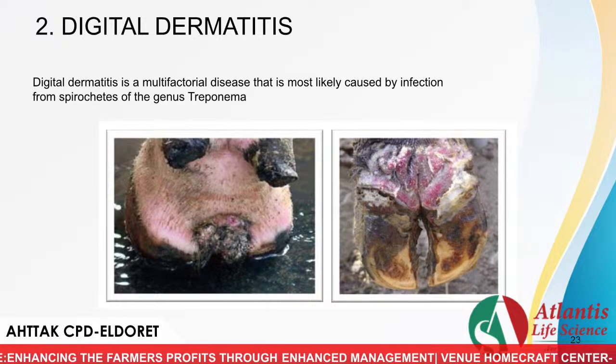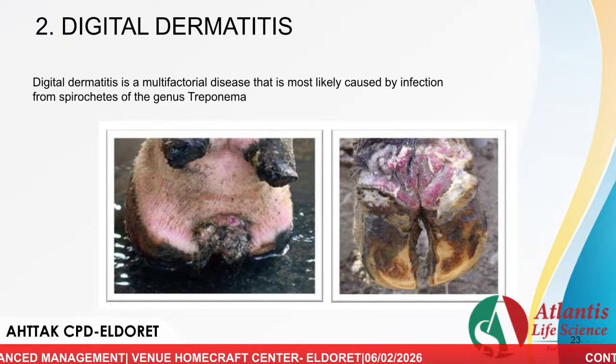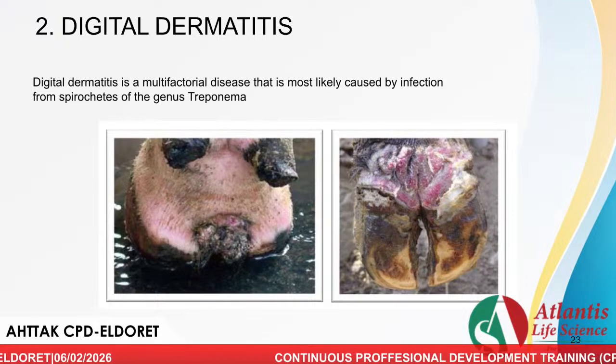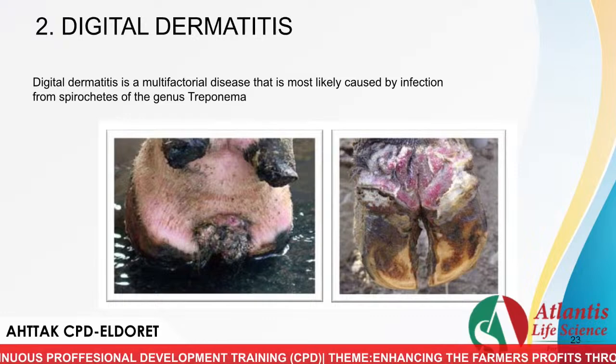So that's what we call digital dermatitis. And then of course it will result in ulceration. It will graduate into ulcers thereafter because it will peel off. So we will have the ulcers, as you can see, in between the digits. So the skin will be inflamed, and then we will have the issue of what we call interdigital dermatitis.